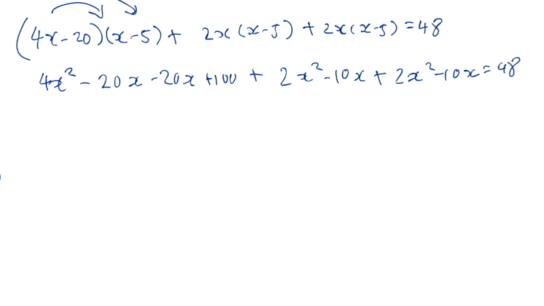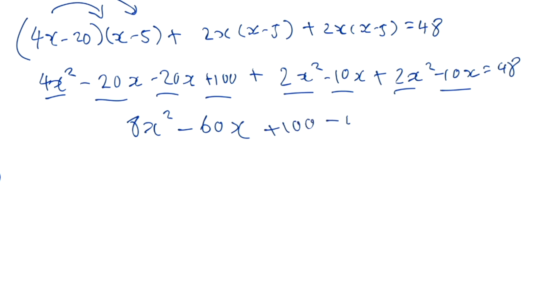Can you see that we got this long equation? Let's evaluate. Looking at all the x squared, there are 8 of them. Then all the x: minus 20, minus 30, minus 40, minus 10, minus 50, minus 60. Then 100 minus 48 equals 0.